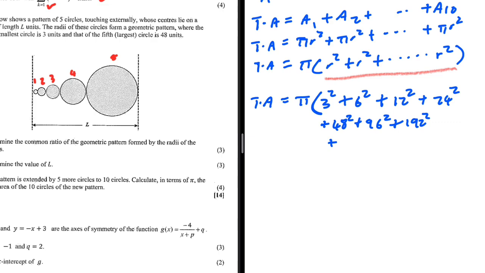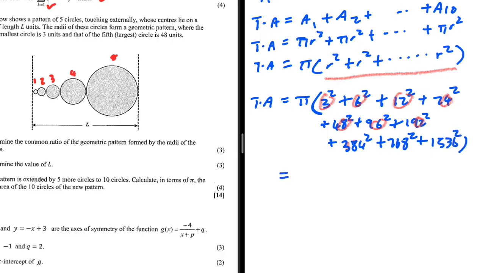Let me make sure that I don't have more than 10 terms. So this is 1, 2, 3, 4, 5, 6, 7. Okay, if you multiply that by 2 again, you have 384. So 384 to the power 2, that is the 8th term. Again, 768 to the power 2, and the last term, 1536 to the power 2.